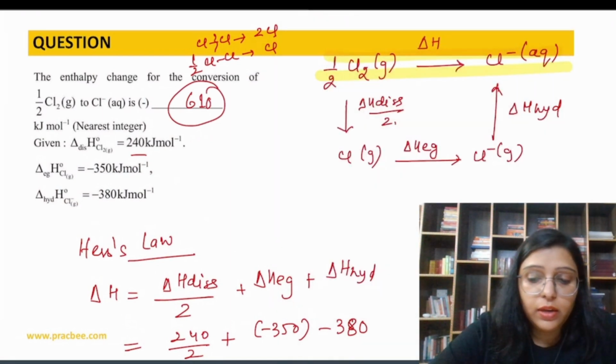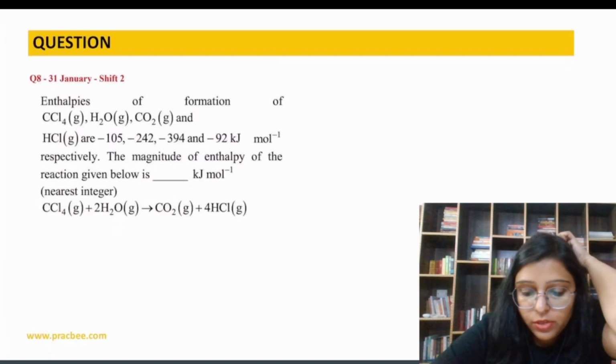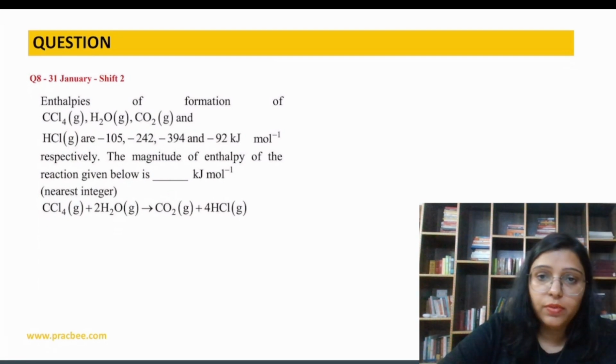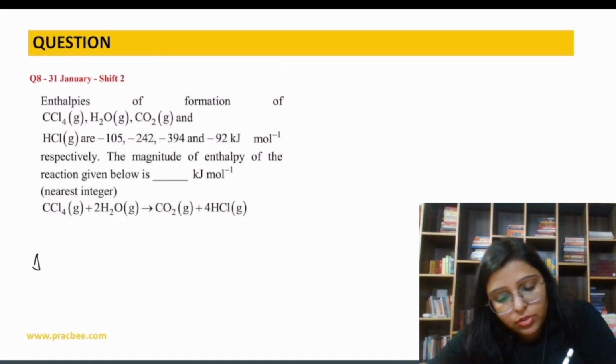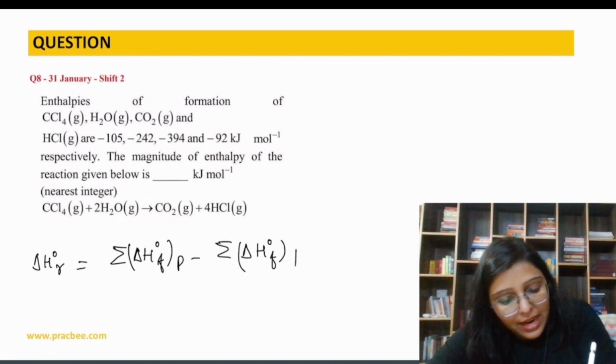Now, let's do the next question. Enthalpies of formation of CCl4, H2O, CO2 and HCl are given. So the magnitude of enthalpy of reaction given below is. Okay. So delta H naught reaction with respect to formation enthalpy is summation of enthalpy of formation of products minus summation of enthalpy of formation of reactants.